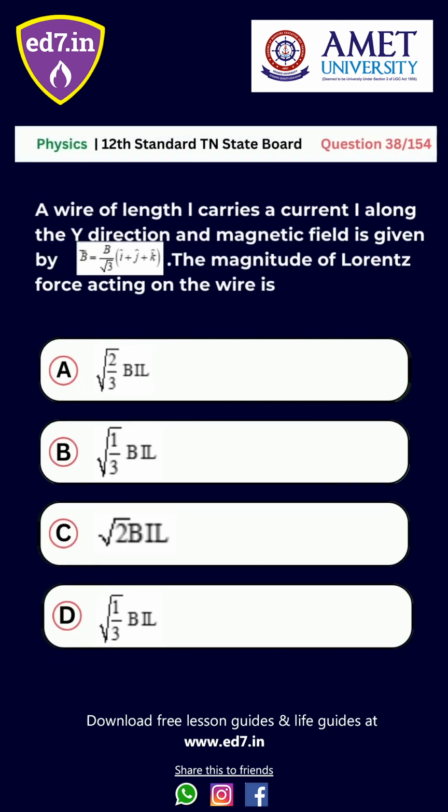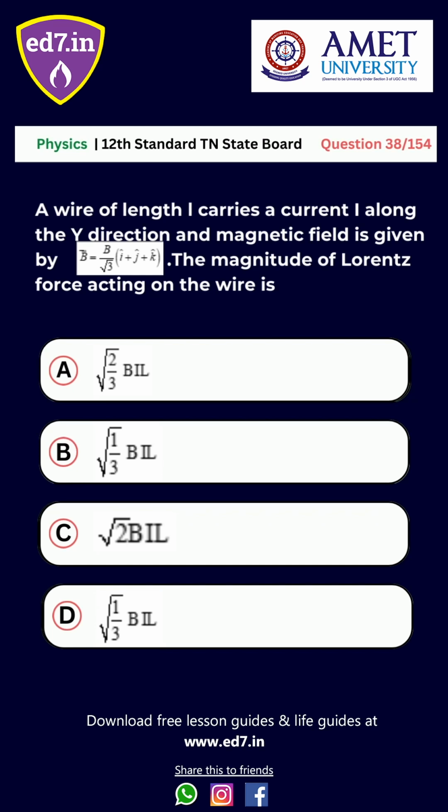Question number 38. A wire of length L carries a current I along the y direction and the magnetic field is given by B vector equal to B by root 3 into (i cap plus j cap plus k cap).